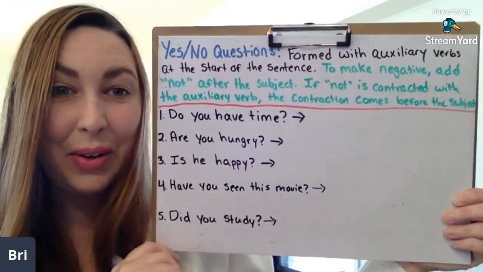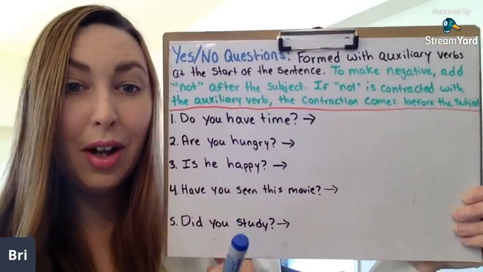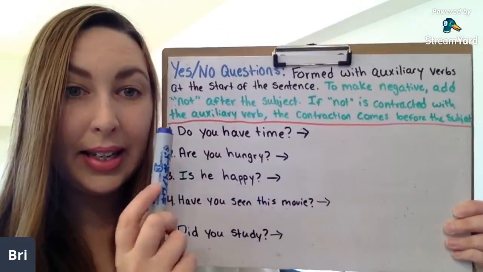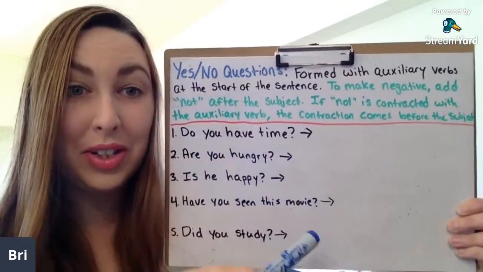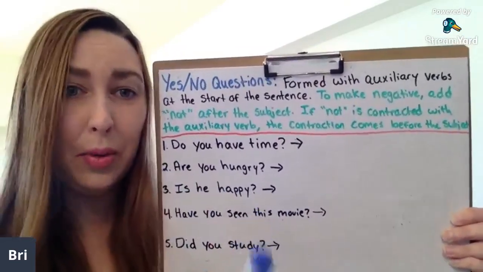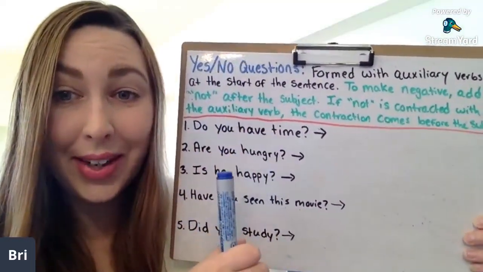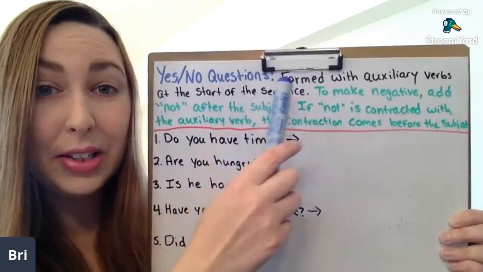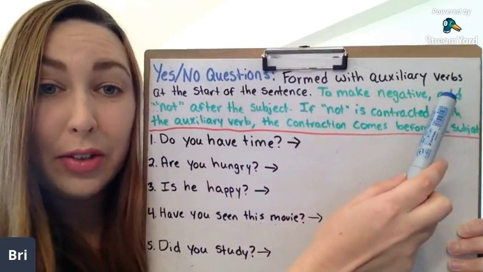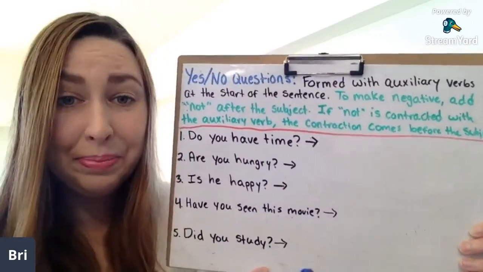Okay, so we're going to look at yes or no questions for today. You can also make negative interrogative questions with question words like what, who, when, where. But today we're going to focus on yes or no questions, okay? Yes or no questions. So they are formed with auxiliary verbs at the start of the sentence, okay?